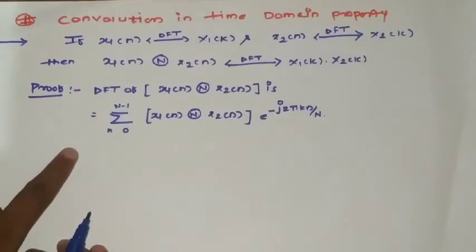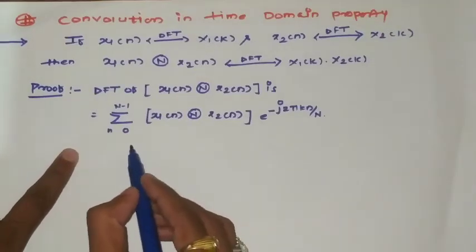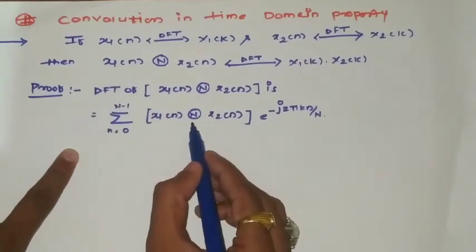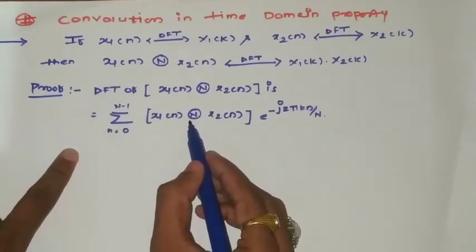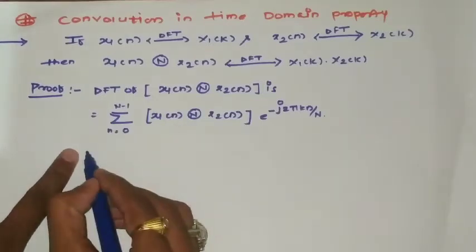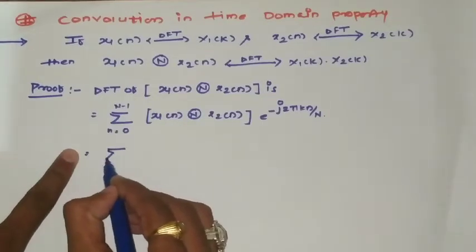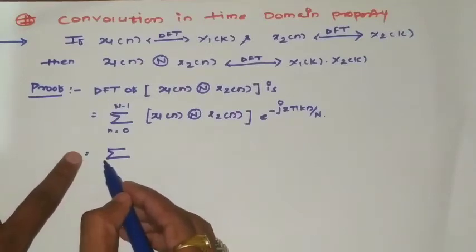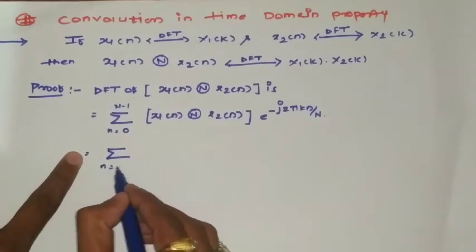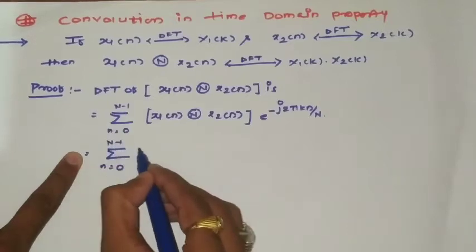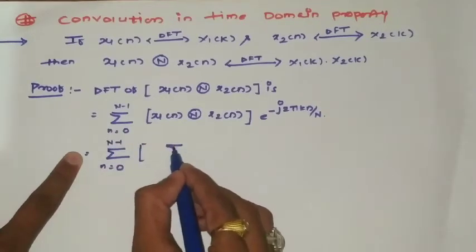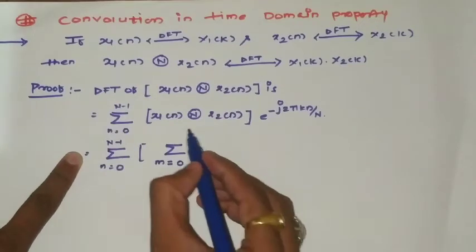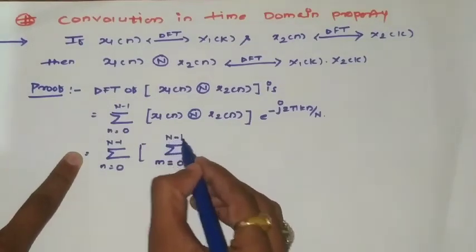Now in order to simplify this particular term, we will apply the formula for convolution. As you know, the convolution of any two sequences can be written using the formula for an LTI system, that is linear time invariant system, which I am writing here as summation n equals 0 to N minus 1, and this simplification I am writing in terms of another variable, small m, from 0 to N minus 1.